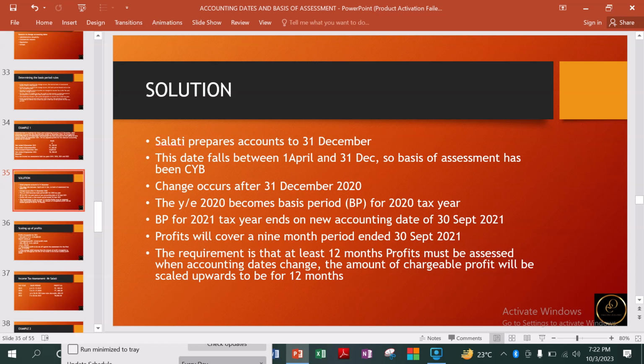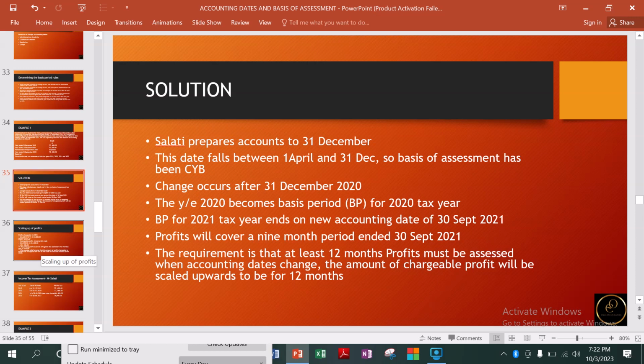The requirement is that at least 12 months' profits must be assessed when accounting dates change. When accounting dates change, the amount chargeable will be scaled upwards to be for 12 months. I've already belabored this point, just trying to emphasize what this particular situation is throwing in our path.